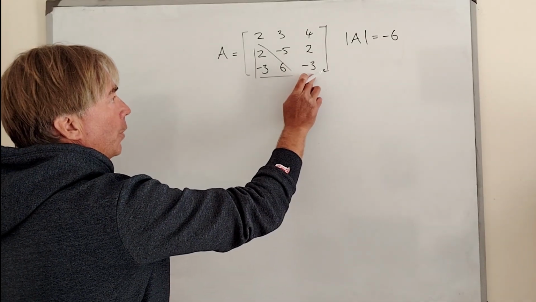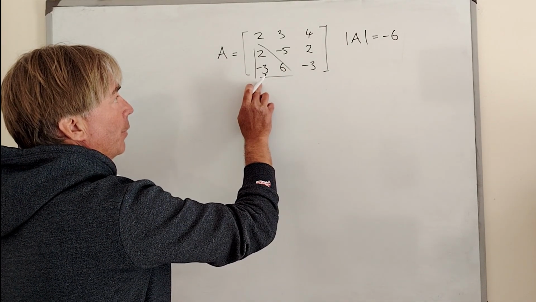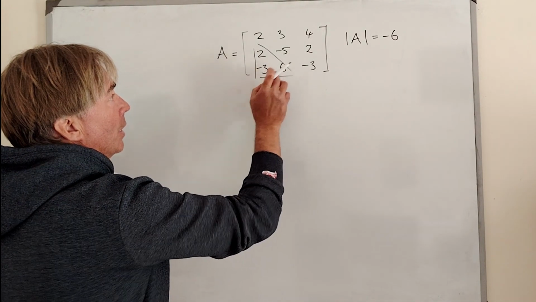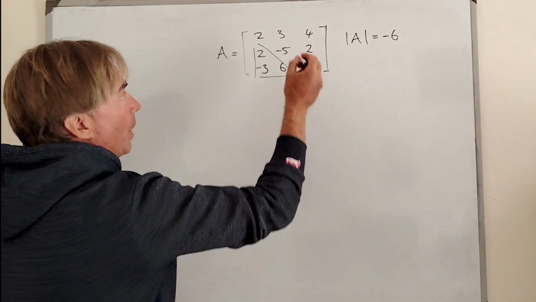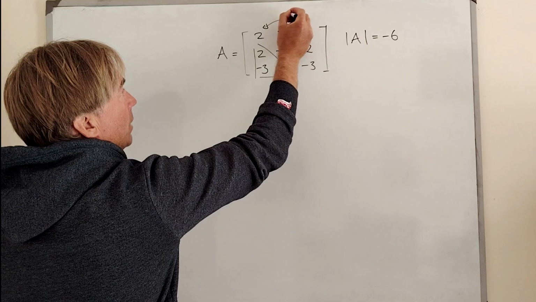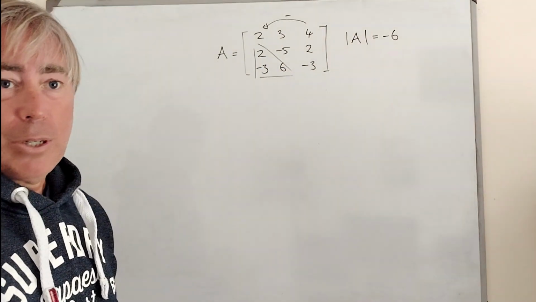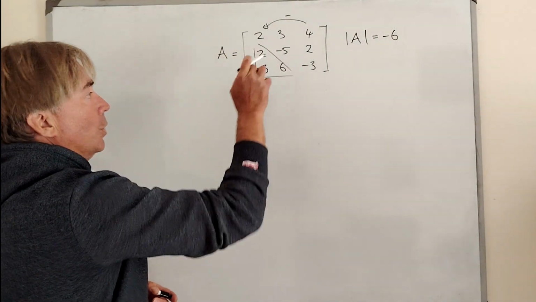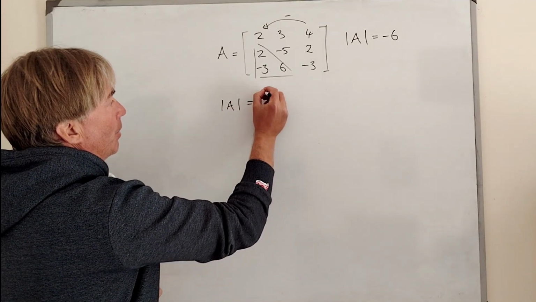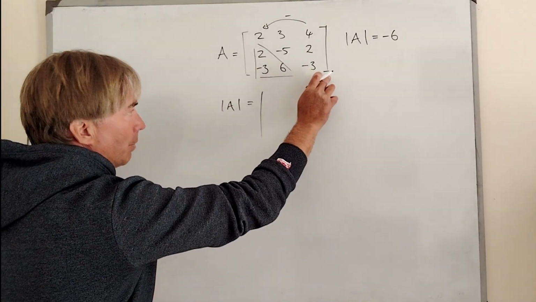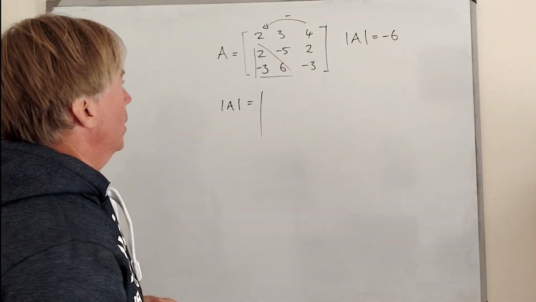If I look at my third column and my first column, you'll notice that we have 2 and 2, -3 and -3. So if I subtract my third column from my first column, that's actually going to zero two of my elements straight away. So the determinant of A is going to be the same. Notice I'm using square brackets for the matrix and just vertical lines for the determinant.